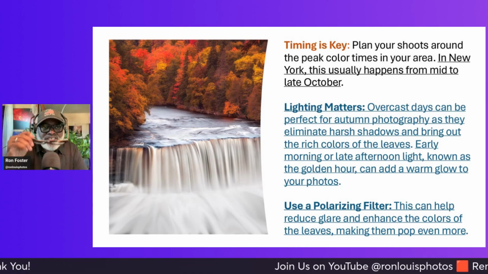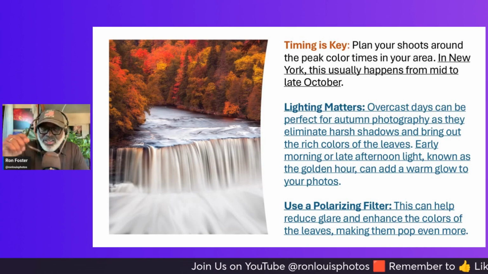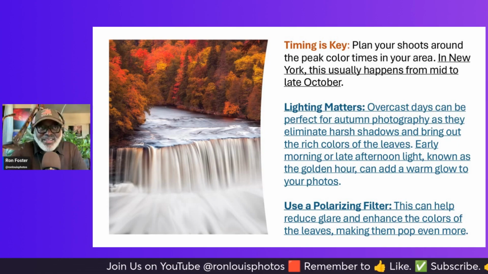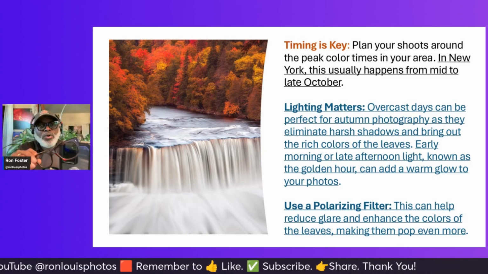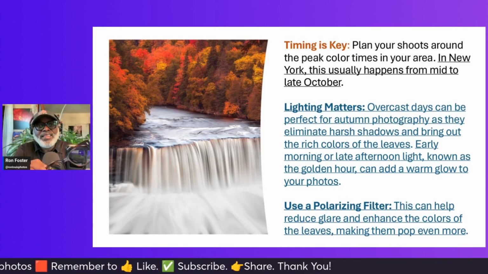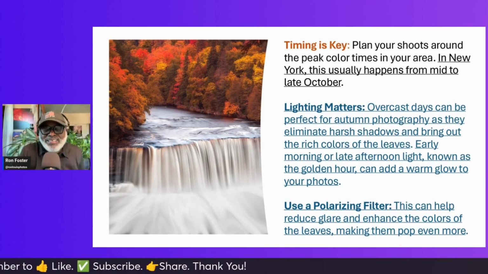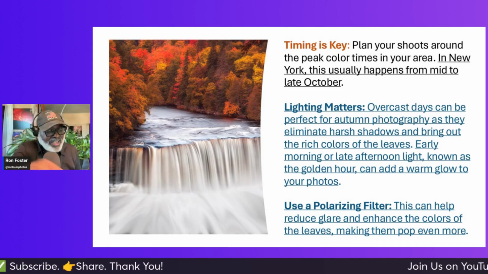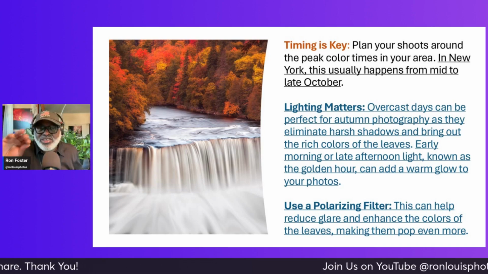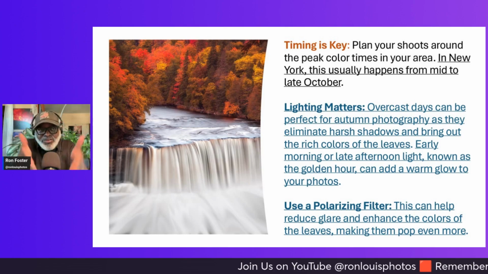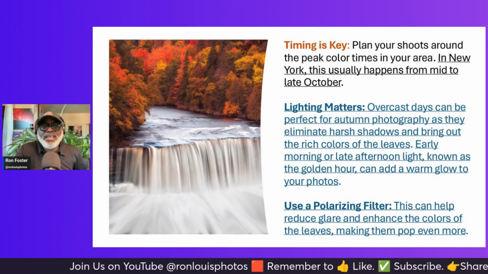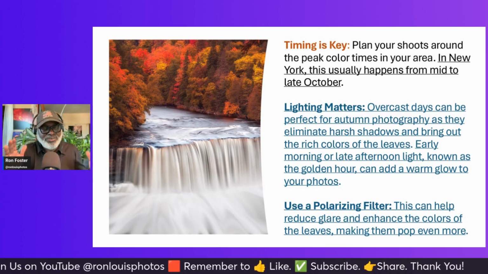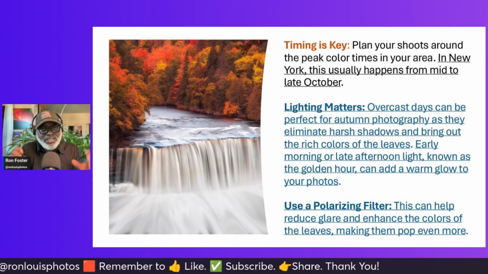Take your shades, like the ones you wear when it's sunny, your Ray-Bans, take that shade, put it over the lens, and then take the picture. It acts like a polarizer. It is a polarizer. It bends the light. It changes the direction of the rays. Use your shades.